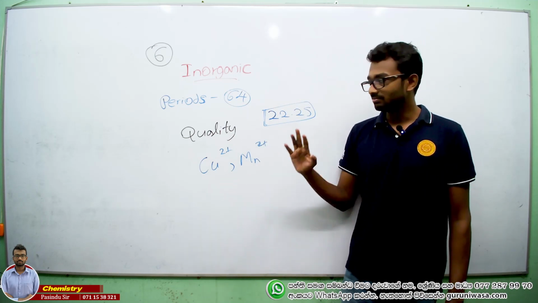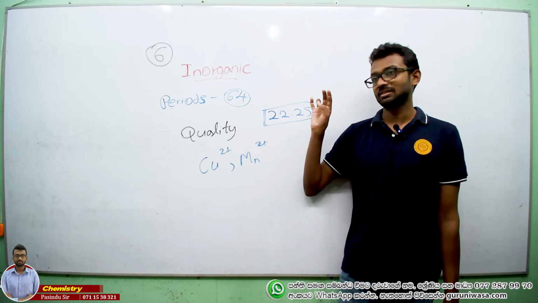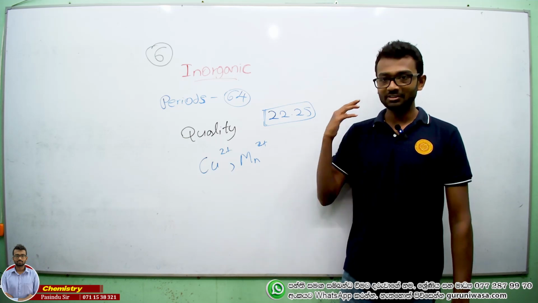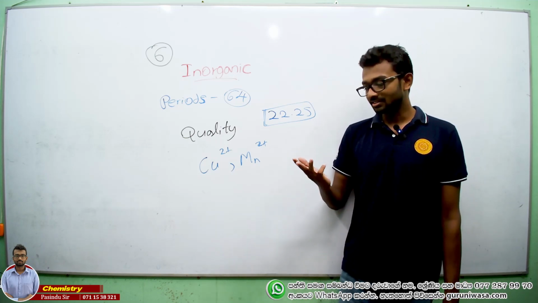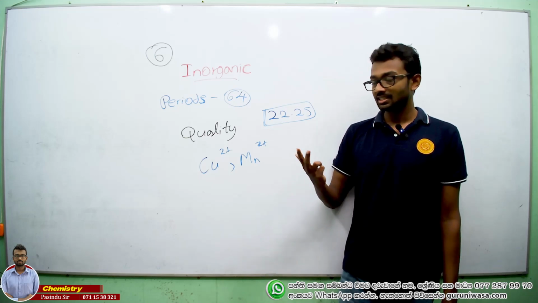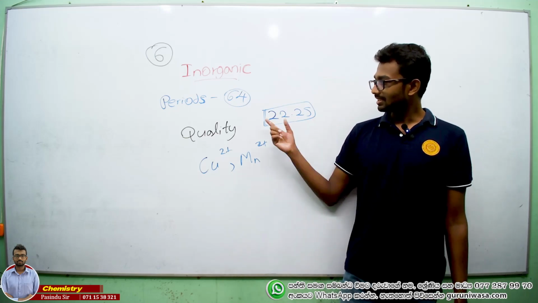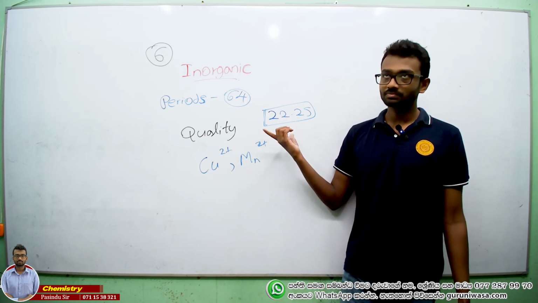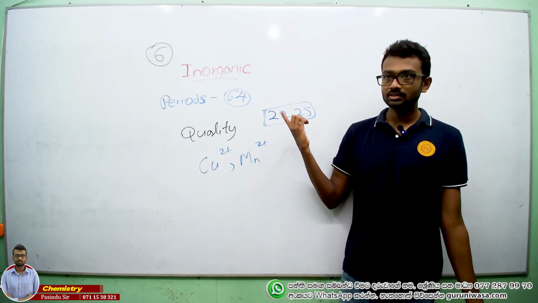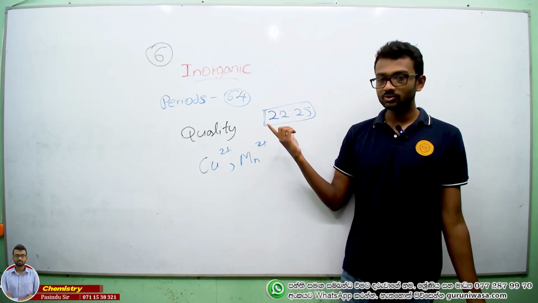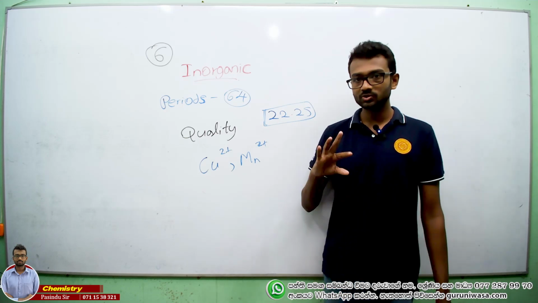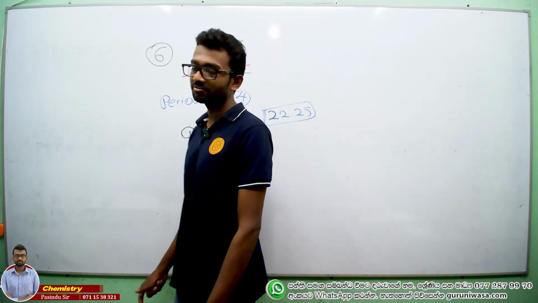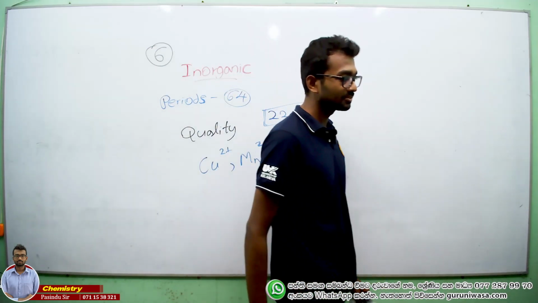Actually, don't think like that, but let's say you are weak in calculations. If you cover the first, second, and this lesson, then you already achieve close to 35 marks, even if you leave the fourth and fifth lessons.